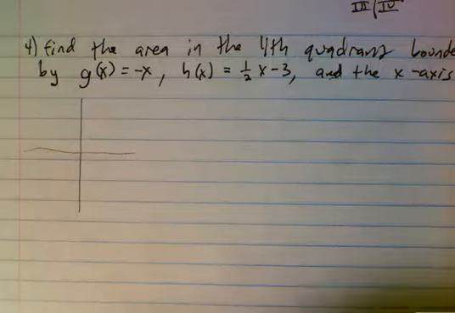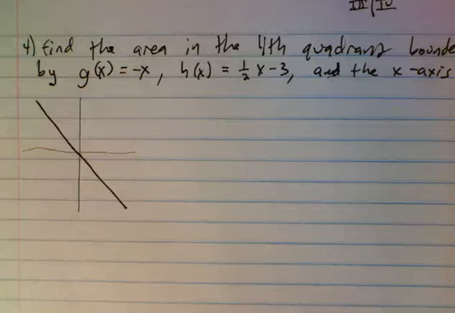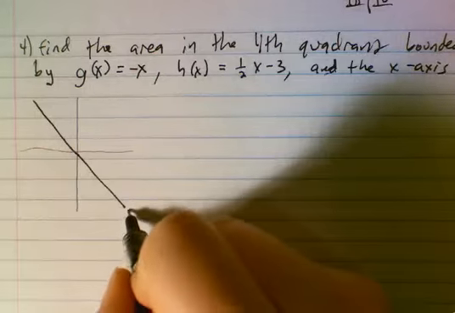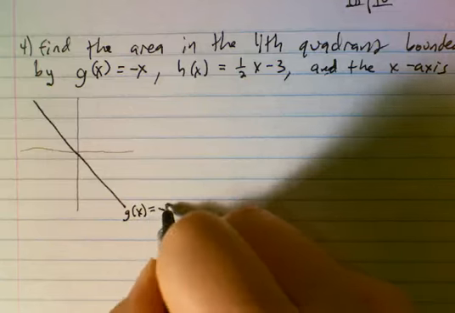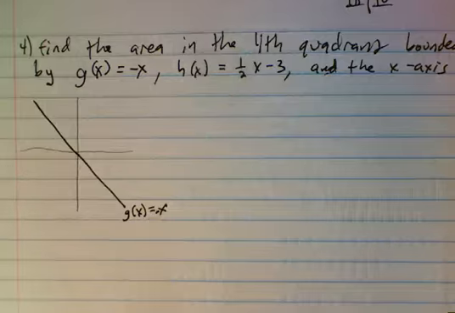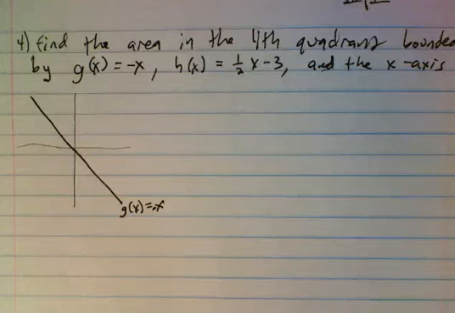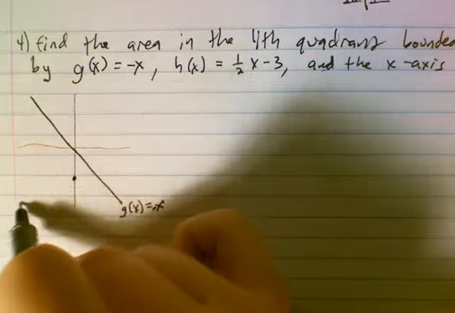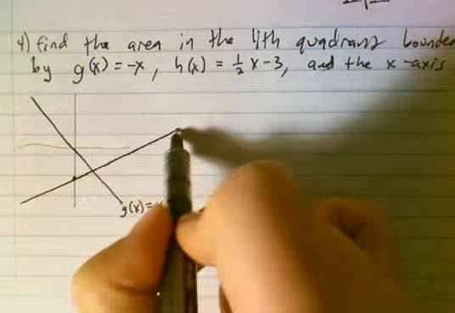Here are axes. G of x equals negative x. We should be able to draw just looking like that. You should be really familiar with that one. H of x equals 1/2 x minus 3 has a y-intercept of negative 3 and then goes up a little bit less steeply.